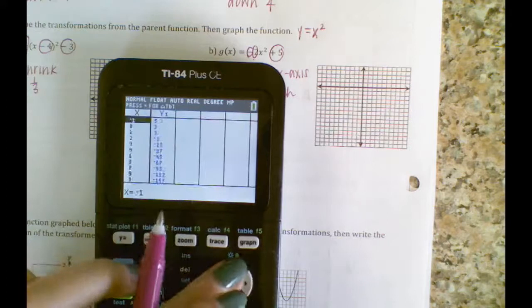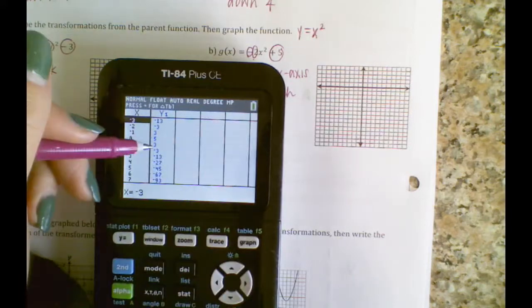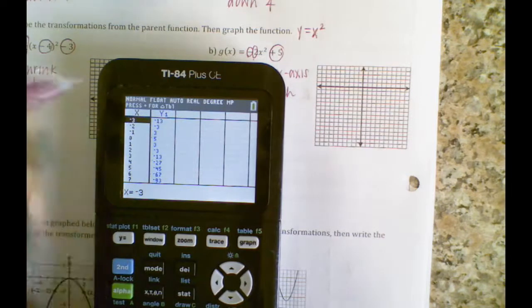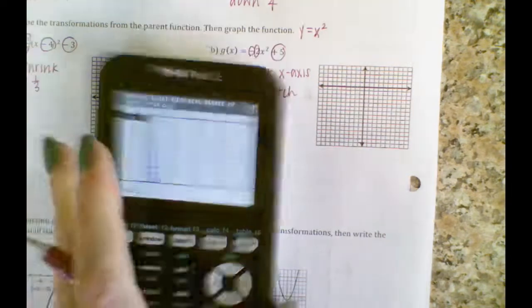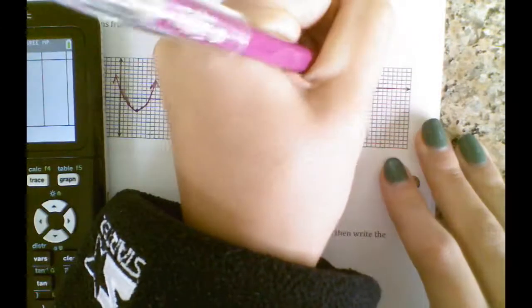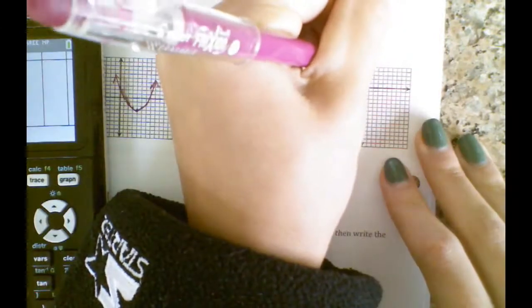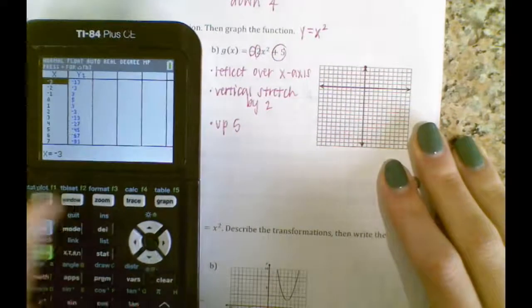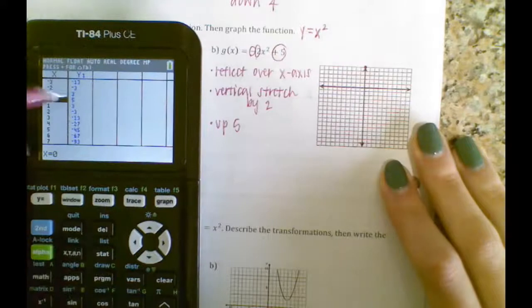Yep, that makes sense because here the y values start to repeat. So my vertex is at 0, 5. 1, 2, 3, 4, 5. So right at the top there. And then we have negative 1, 3.